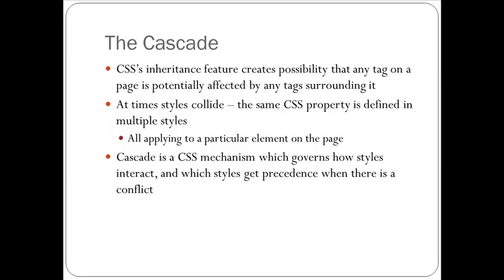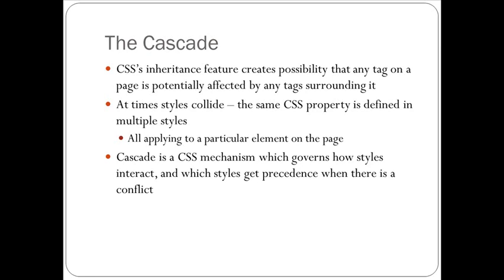Cascading style sheets, with an inheritance feature that we looked at in a previous video, create the possibility that any tag on a page can potentially be affected by any tag surrounding it. In other words, if the paragraph tag has a declaration, a property and value pair, it's going to be inherited by, say, a strong tag.